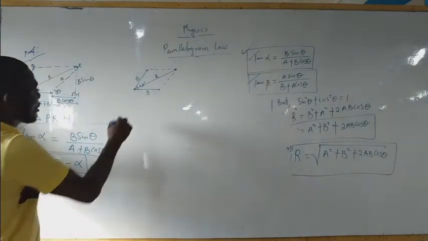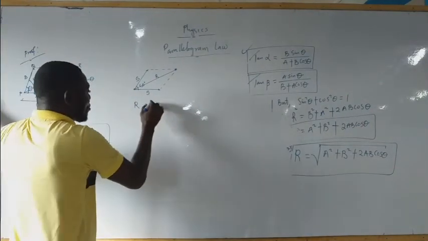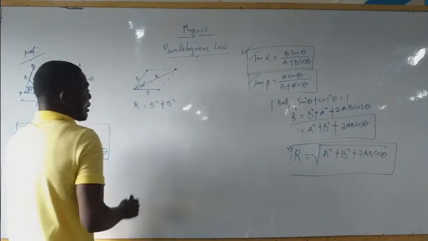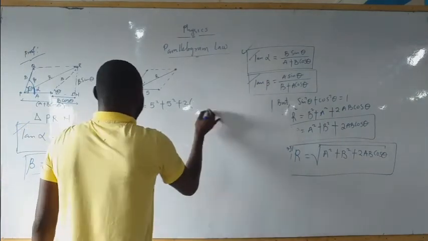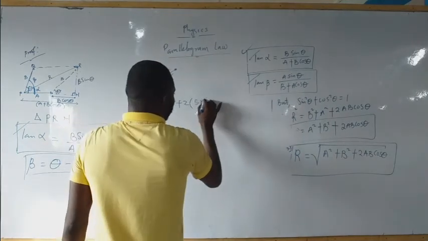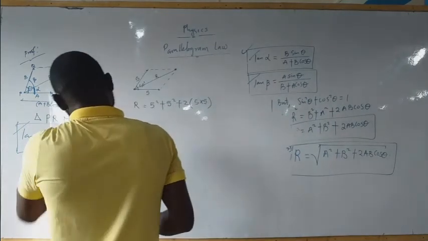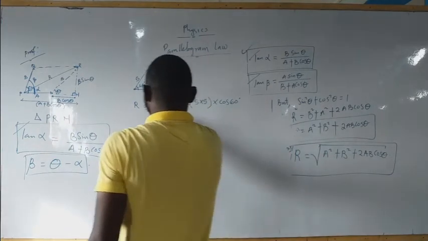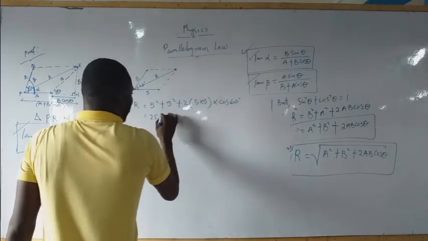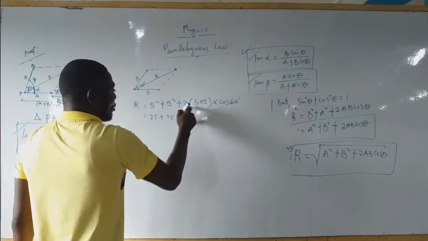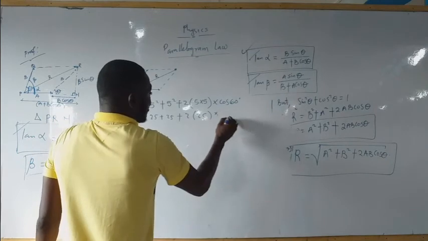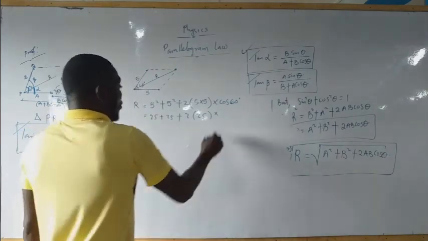So the resultant equals 5 squared plus 5 squared plus 2 into bracket 5 times 5 times cos 60 degrees. This is 25 plus 25 plus 2 into bracket 25 times 1 over 2.